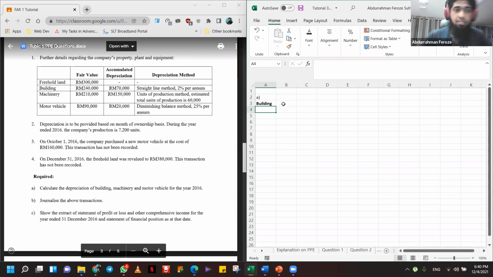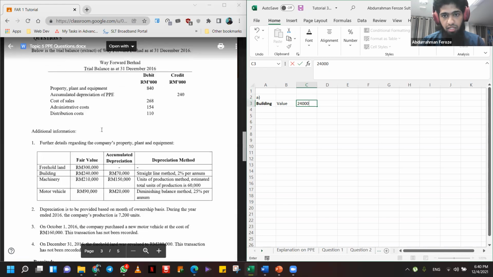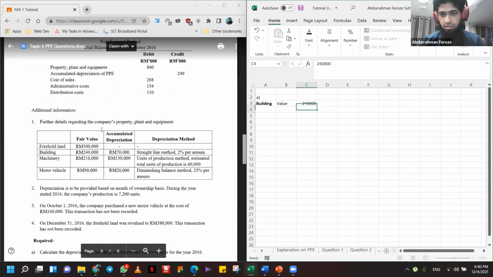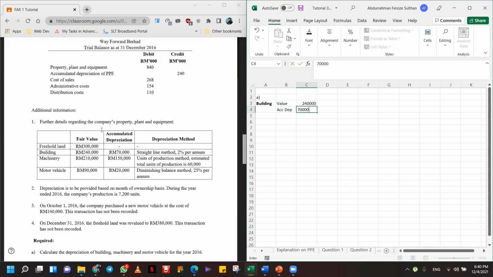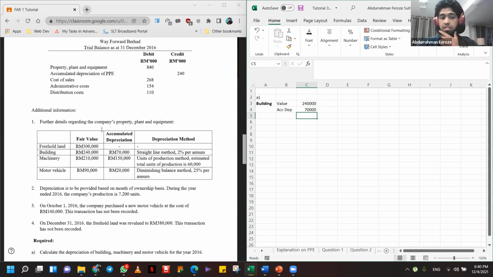The cost of the building, or the value of the building, is 240,000, right? And the accumulated depreciation is 70,000, right?